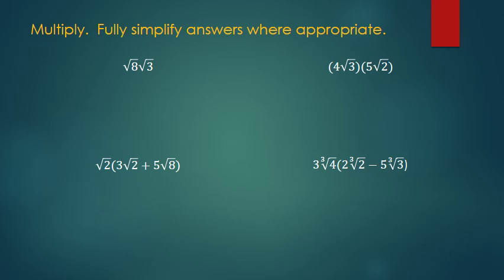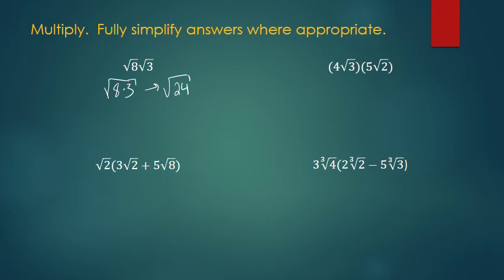So for the first one, we have the square root of 8 times the square root of 3. So I can write that as the square root of 8 times 3. Well, that becomes the square root of 24. Okay, now the square root of 24, I look and see, is there a perfect square that goes evenly into 24?